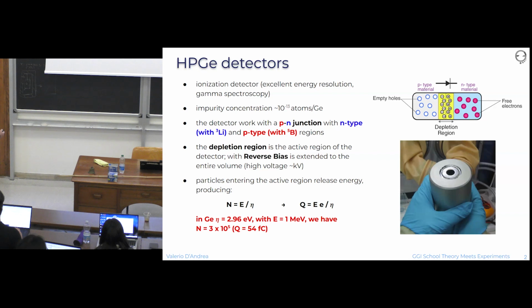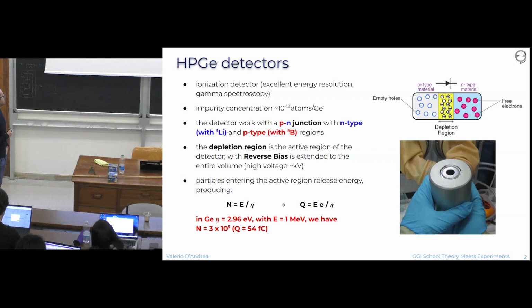To give an idea of some numbers that I think are always important as an experimentalist, I just wrote here an example. This is a factor that Riccardo already showed this morning. This is the average energy to produce one electron-hole pair, that is 2.96 electron volt. So if you have a release of 2.96 electron volt, you have one electron-hole pair.